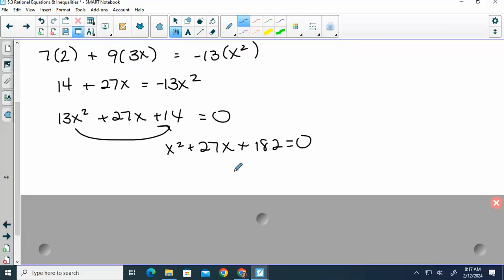What multiplies to 182 and adds to 27? Okay, multiply by 13.